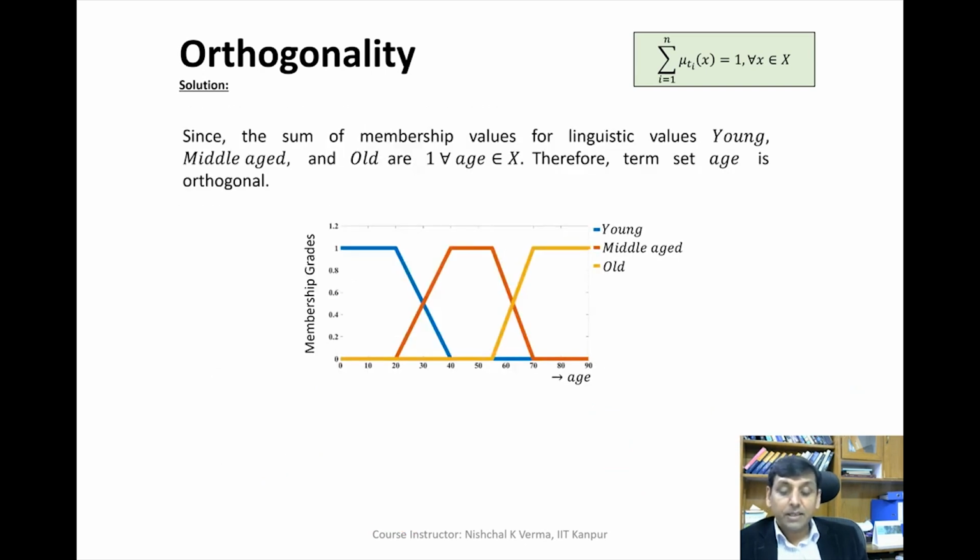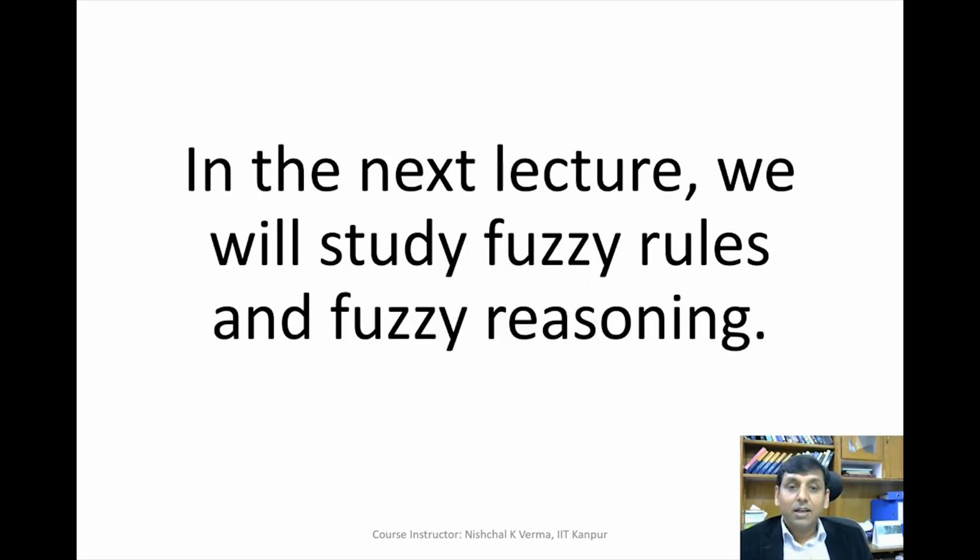This way the sum of the membership values for linguistic values young, middle-aged and old is 1 for every generic variable value belonging to the universe of discourse capital X, and therefore the term set for age is orthogonal. That's how we test the orthogonality of a term set.